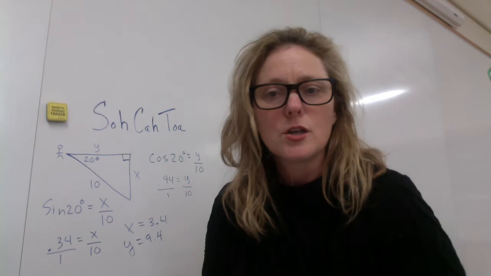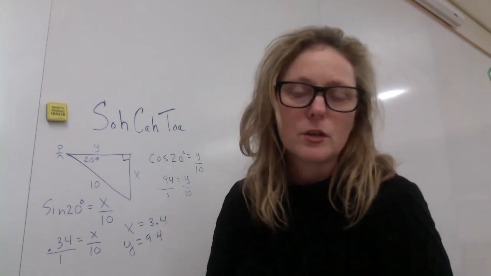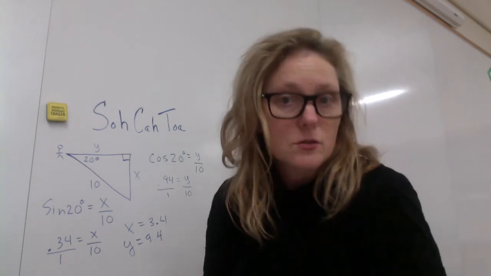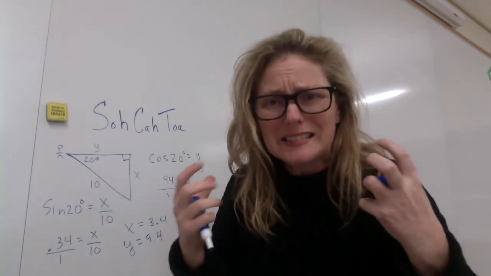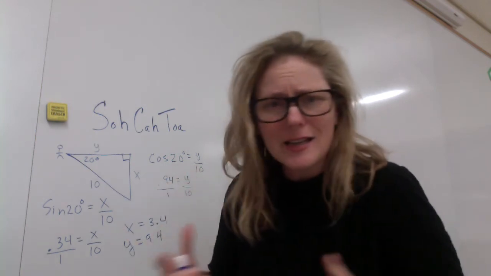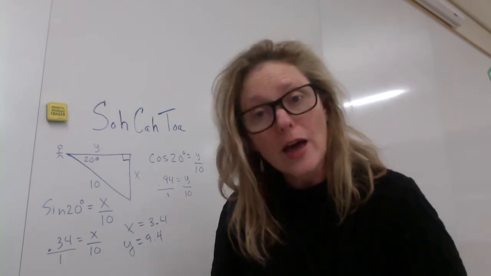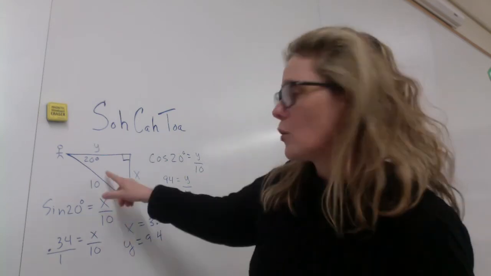The biggest question I know I got from many of you, and this is challenging, is which one am I going to use? Am I going to use sine, cosine, tan? Well, that all depends upon your triangle.